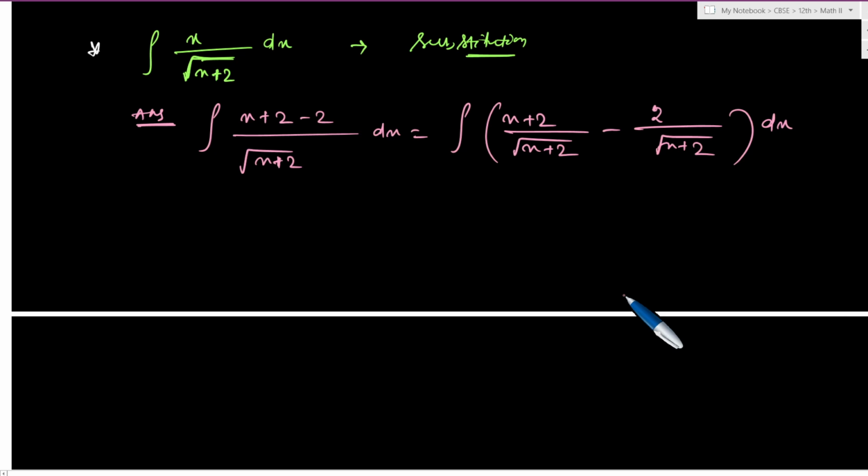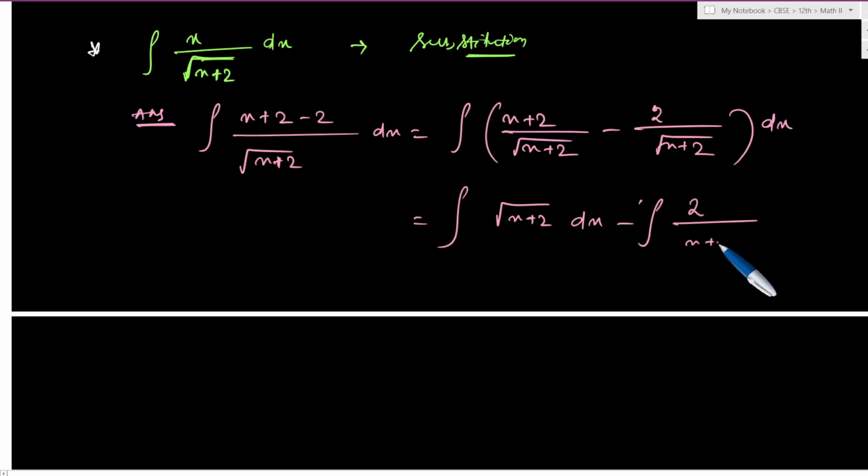Here x plus 2 divided by root over x plus 2 will cancel out like this. This will become integration of root over x plus 2 dx minus integration of 2 by root over x plus 2 dx. We used the formula for integration of f of x dx here.